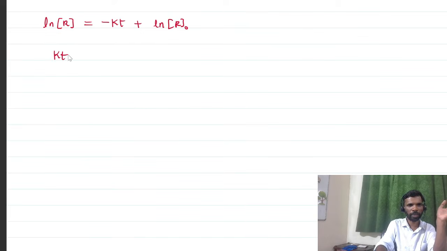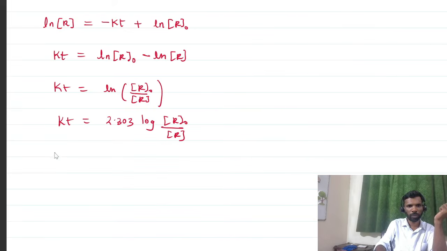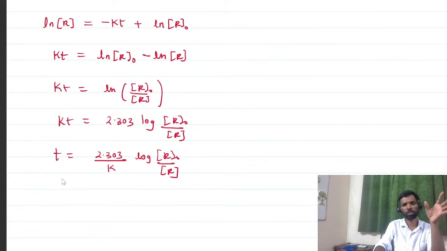So Kt is equal to ln of R0 minus ln of R, which is ln of R0 by R. When you convert natural logarithm to log, it becomes 2.303 log of R0 by R. So time is equal to 2.303 upon K log of R0 by R. You can start from this equation also, not an issue.